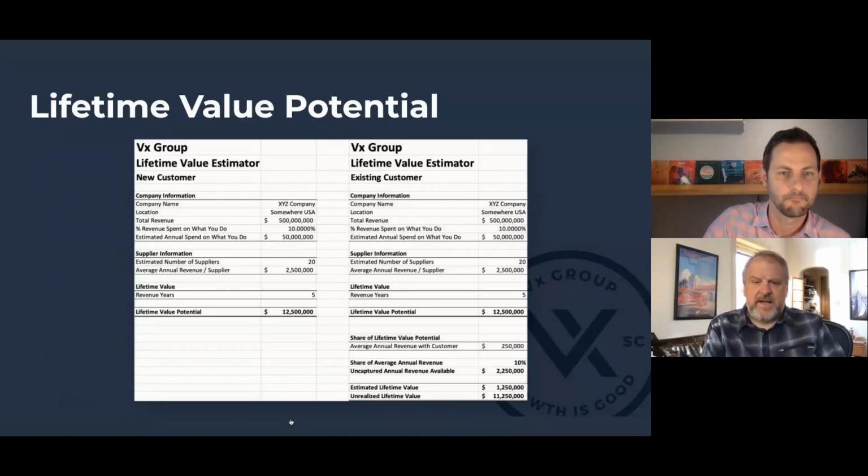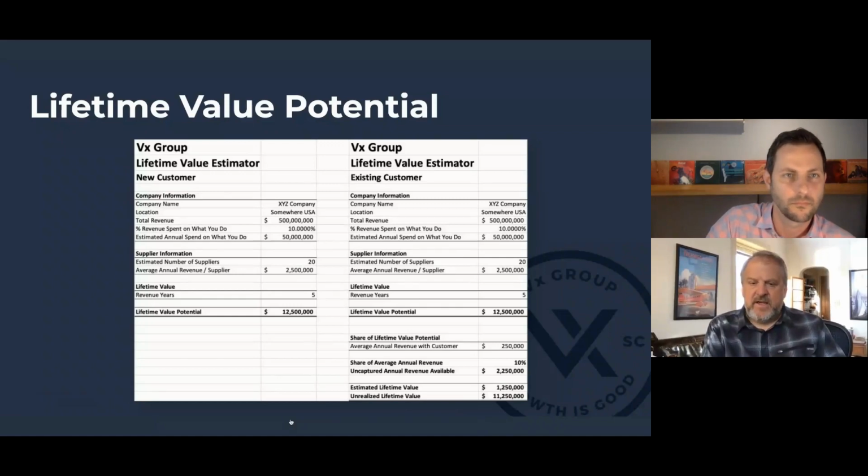Moving over to the right-hand side, when we get into our existing customers piece, the top section is largely the same, as is the supplier information. The lifetime value gives us the same lifetime value, but what it does bring down is, what's your current share?